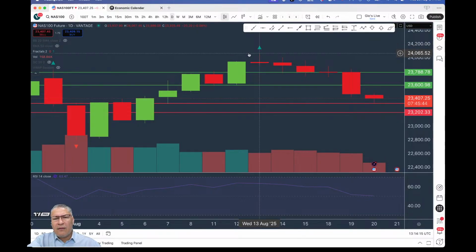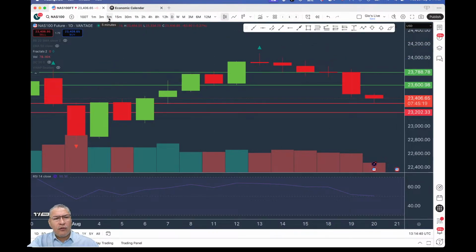We wanted to see that after the fractal, the market would have reversed and started trading higher for us to take that fractal trade. But the market has been in a downtrend, and this is a daily chart. So again, it will work on a 5, 15, or 30 minute.